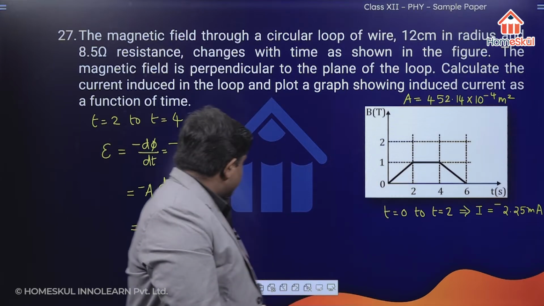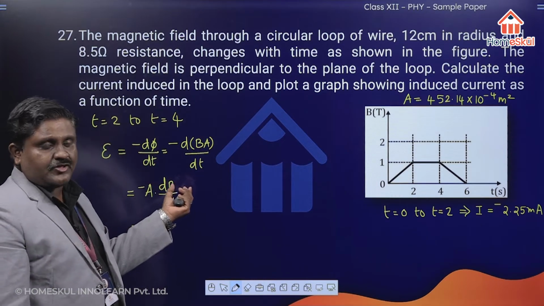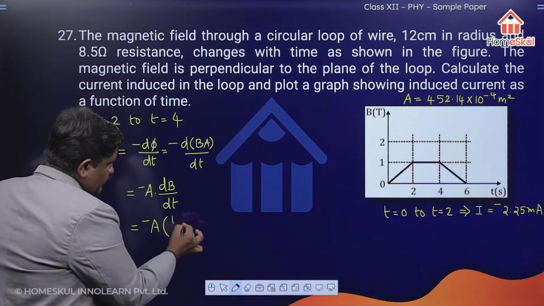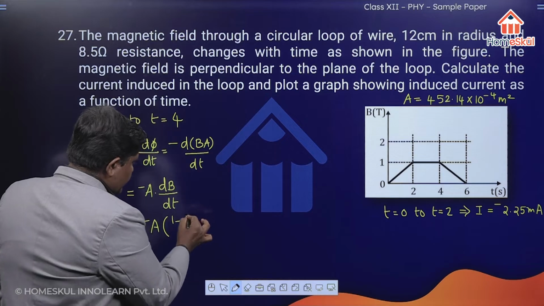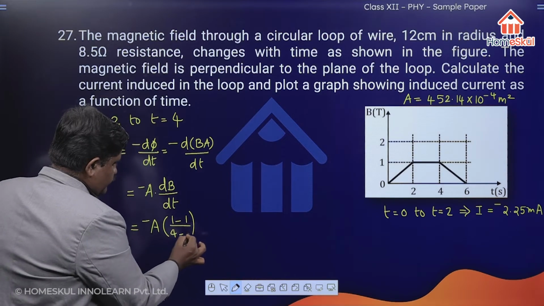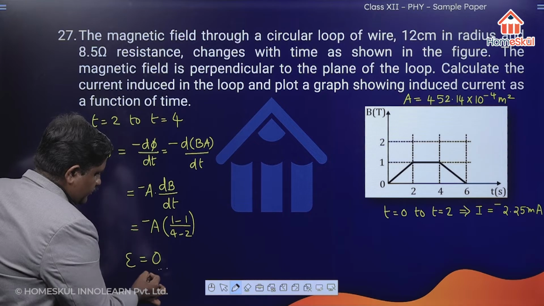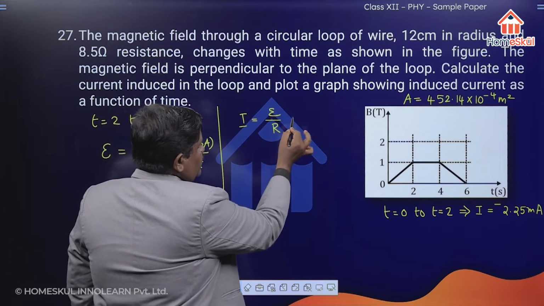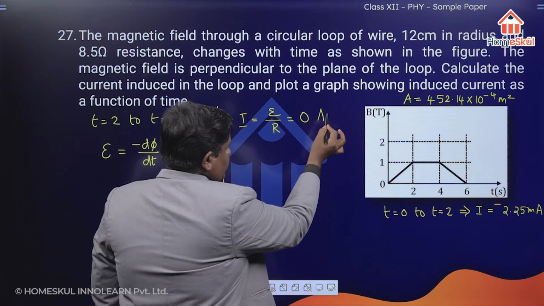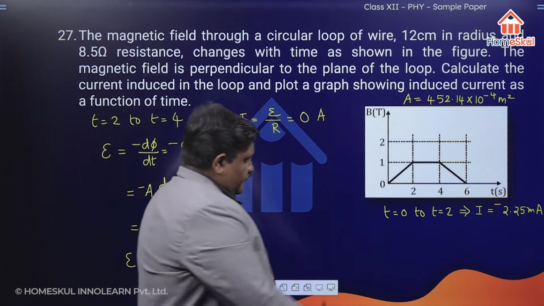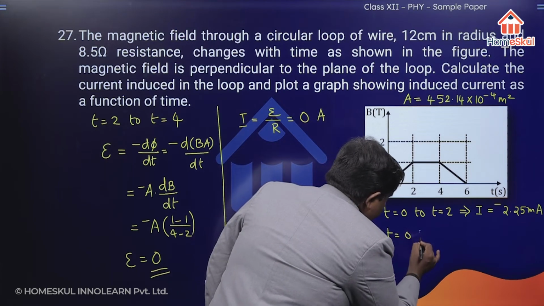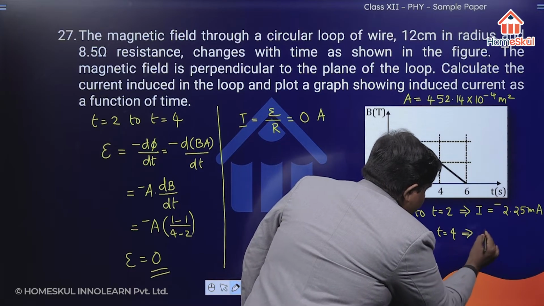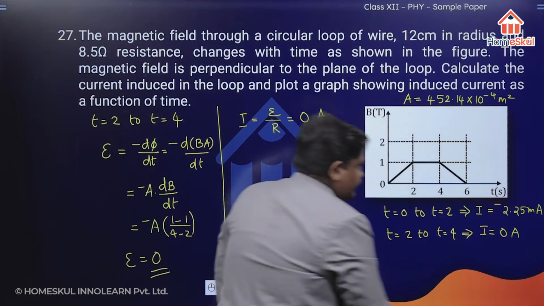So the change becomes 0, that is minus A into (1 minus 1) divided by (4 minus 2), so E equals 0 itself. Then what about the current? I is equal to E by R, which is 0 ampere. Clear? So for the time interval t equal to 2 to t equal to 4, the current I becomes 0 ampere.